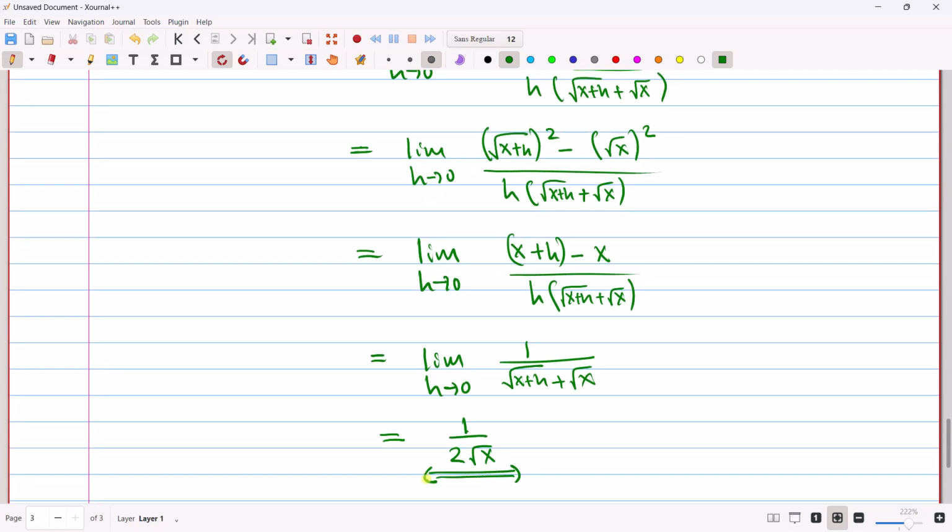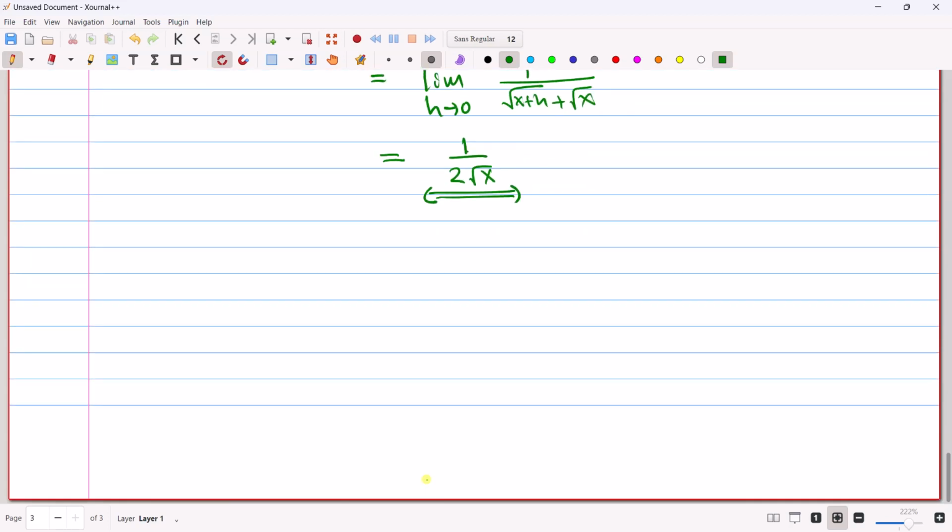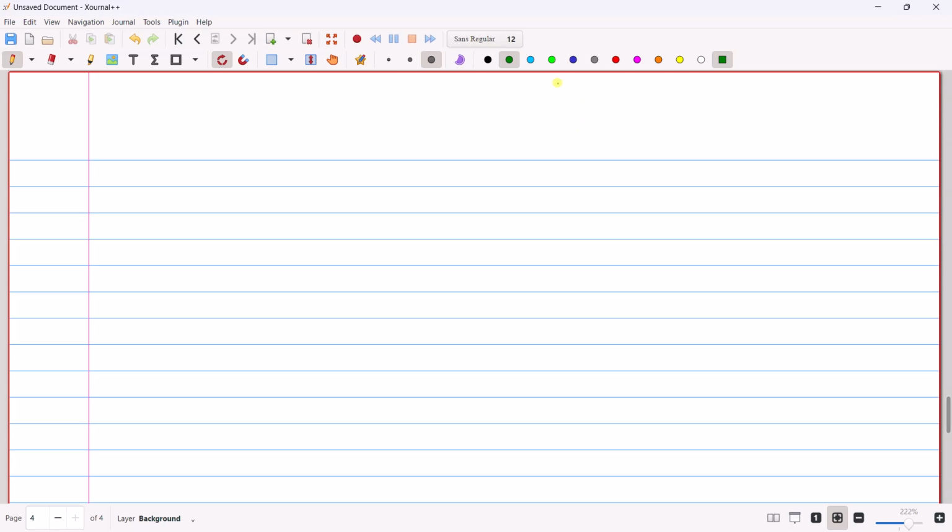So this is how we obtain the derivative of functions from first principles. But let's do one last example on something a little bit different.